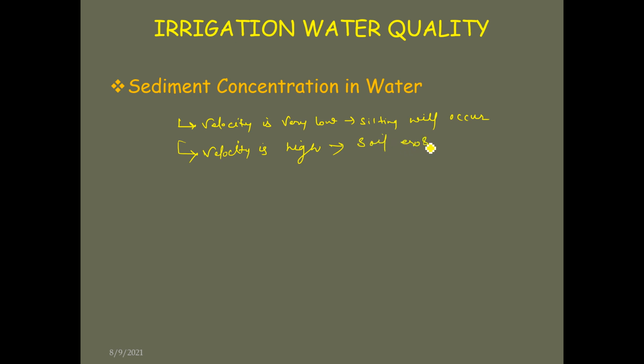Soil erosion means the erosion of either the bed or the bank of the canal, so the soil particles will flow along with the water and finally come to the field as sediment.